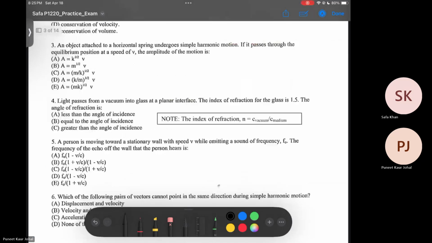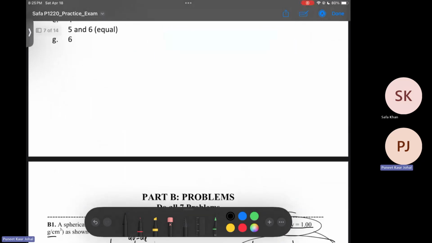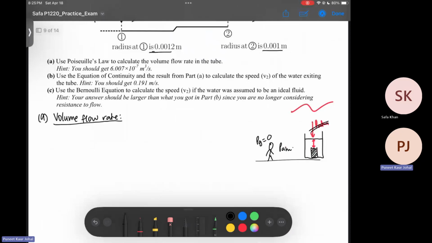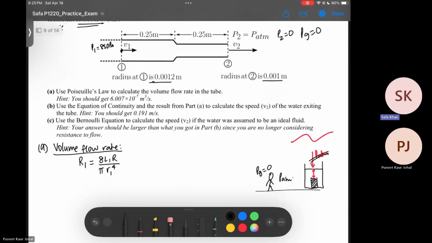Alrighty. Let's do the calculation for the volumetric flow rate, which is going to be actually pretty straightforward. You just have to input all the values in. Pi r1 to the power of 4. Which formula is this exactly? This one's the formula for the law.